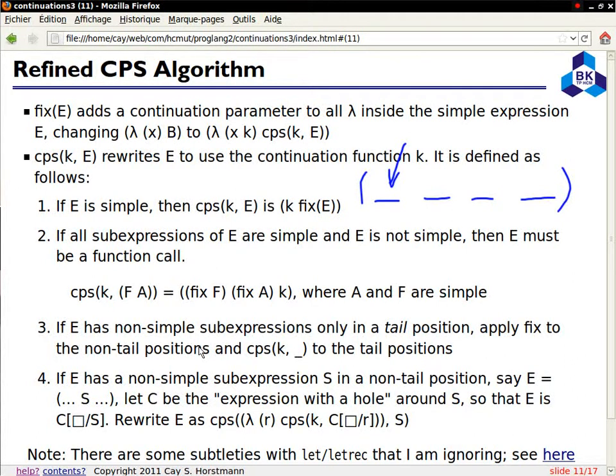All right, so it's a function call, and then it says apply fix to the function applied to the argument and do this magic transform. And then if it has a non-simple sub-expression only in a tail position, then it says do this. So at this point, our eyes are going to glaze over, and it gets worse. We're just going to have to look at an example here. So it has these very abstract rewriting rules.